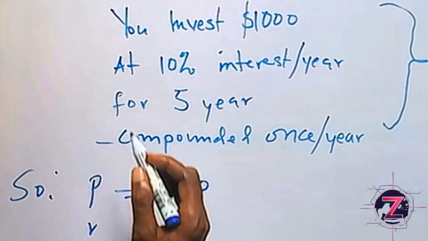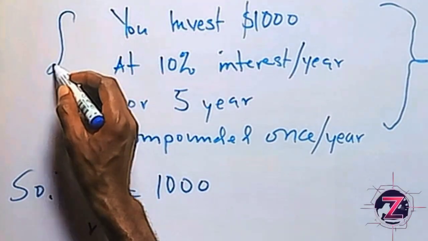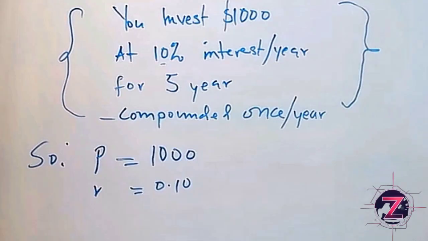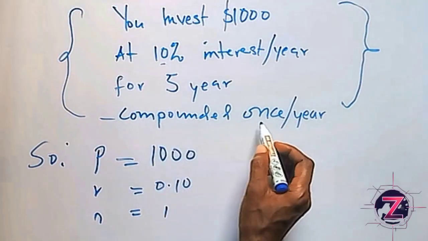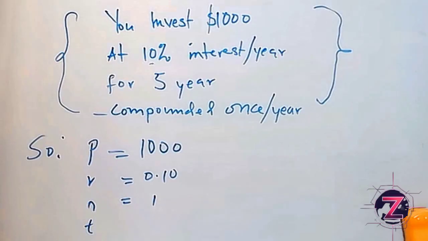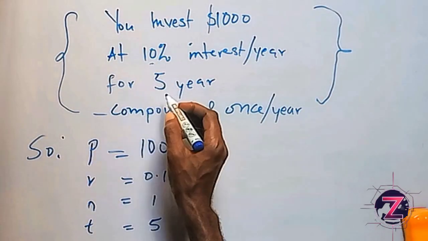Your R is equal to 0.10, which is 10%. Your N is equal to 1, compounding once per year. Whereas your T is equal to 5 years.